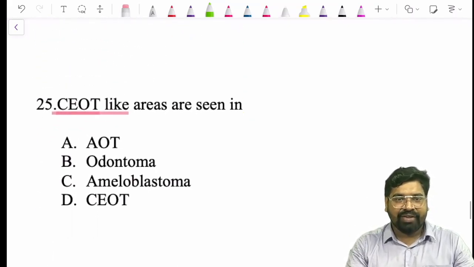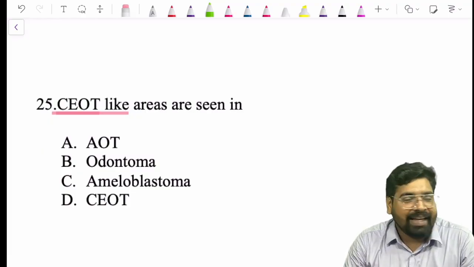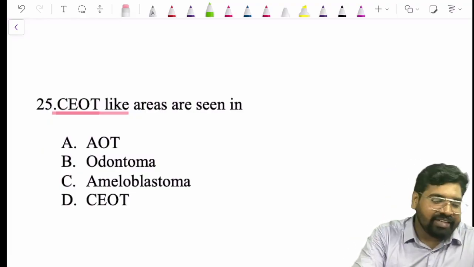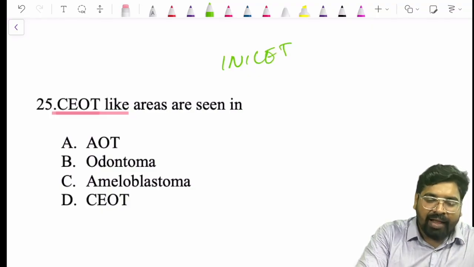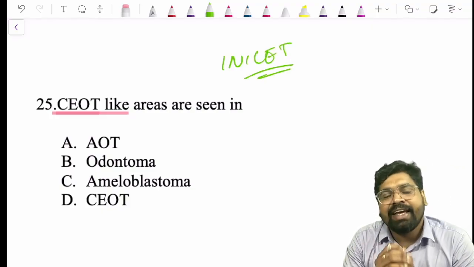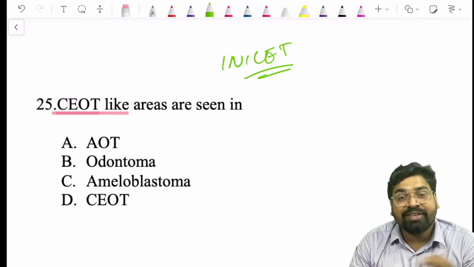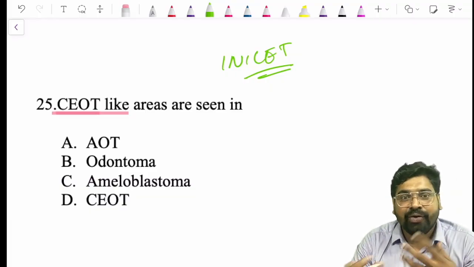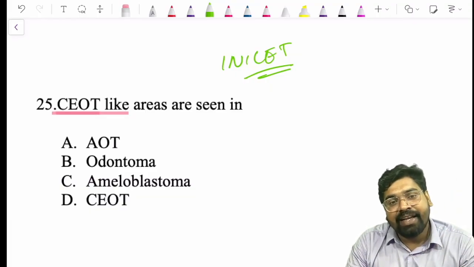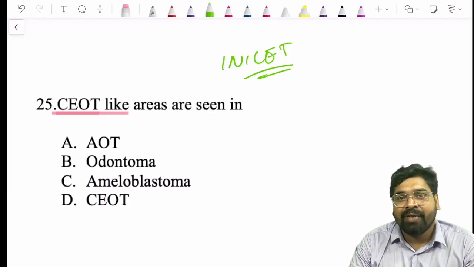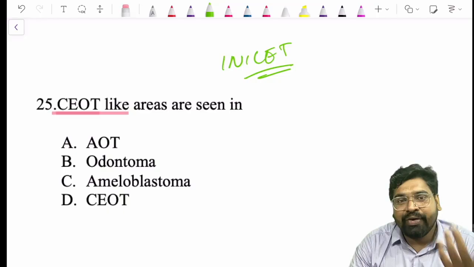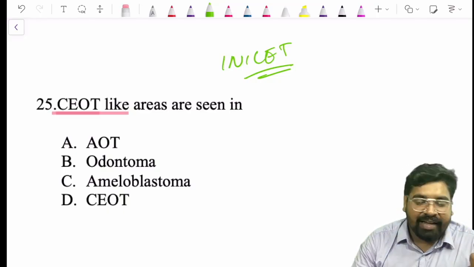There is one more question here, an INICET paper. CEOT-like areas are seen in which of the options? We have discussed in our video on AOT that CEOT-like areas are seen in AOT.